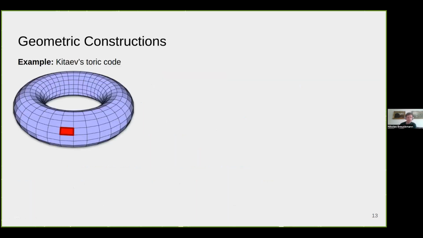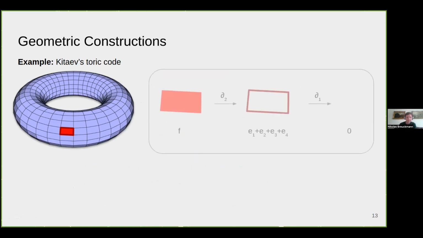Let's consider again the toric code. First of all, let's look at what happens with these chains. Let's take a 2-chain, which is just a single face. I can apply the boundary operator, and I obtain the linear combination of all the edges adjacent to this face, and I apply the boundary operator again. Since there are 2 edges adjacent to each vertex, this just gives me 0.